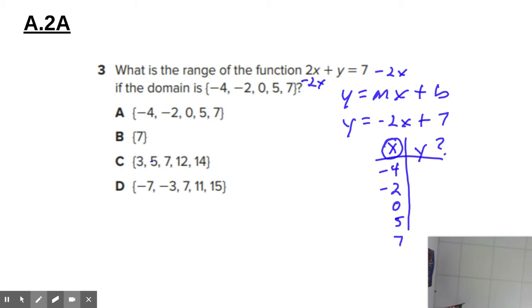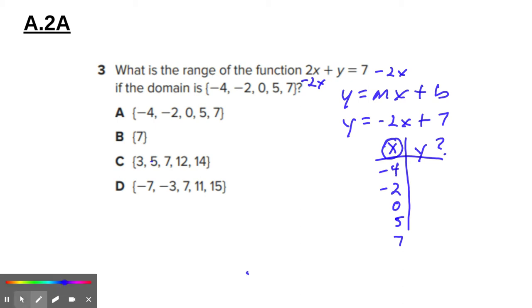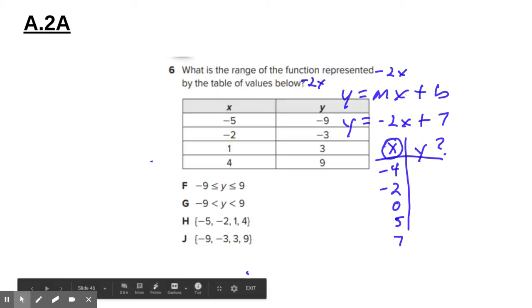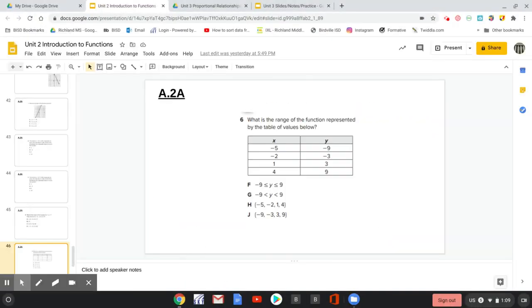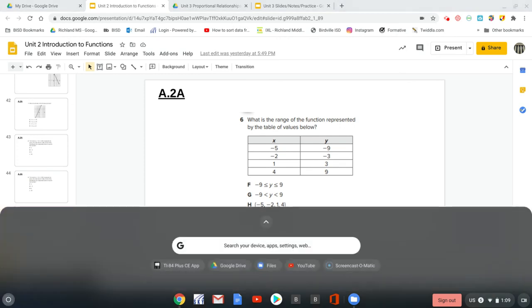We're going to use the calculator for this. Let's see if I can find the calculator. Let me take this off full screen and get the calculator pulled up.